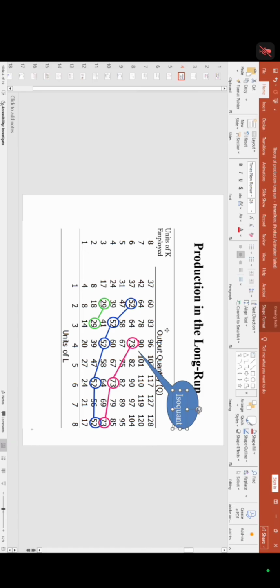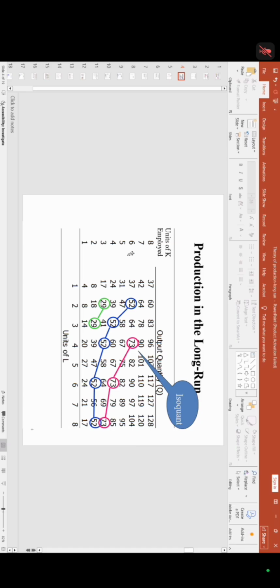Clear? If they use 3 labor and 3 units of capital, how much can they produce? Only 41. Okay? And here also, you can see if you use different units of labor and different units of capital, how much amount you can produce.